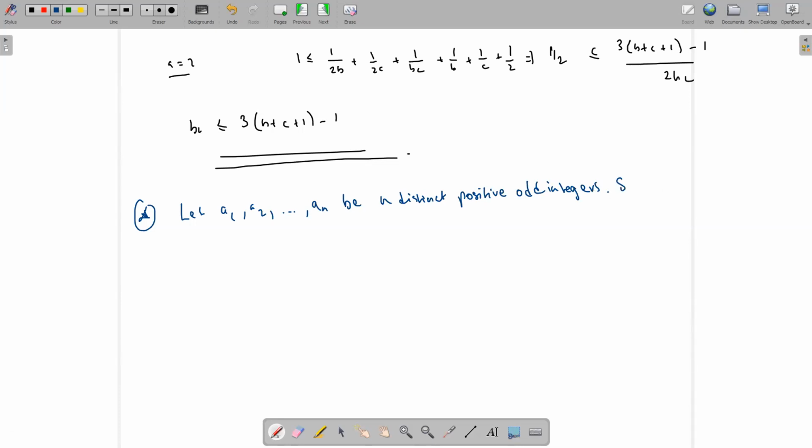Suppose the differences ai minus aj are all distinct for all i and j, right?